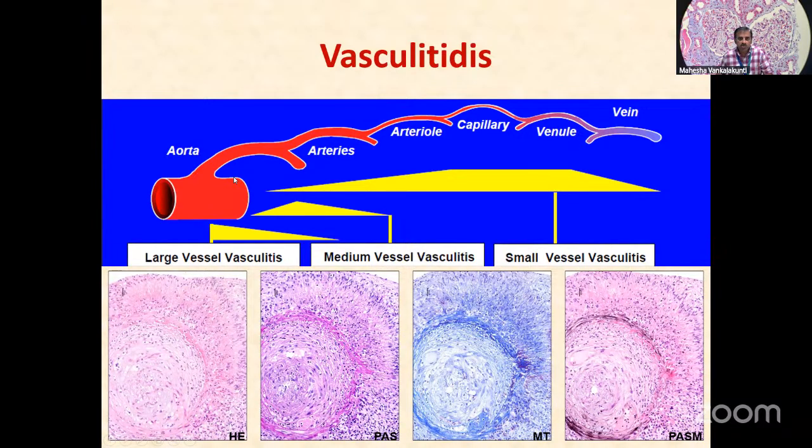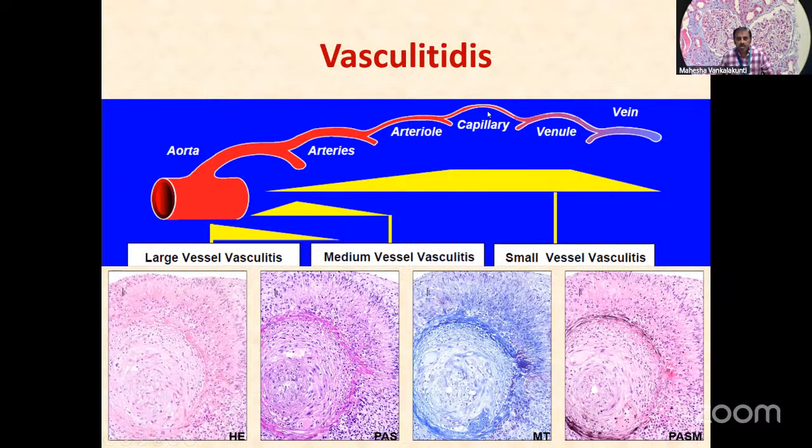Just now, Dr. Purva was mentioning the Chapel Hill classification, and this is the pictorial diagram of a major vessel and its branches, the arteries, and that gives into the branch of arterioles, which connects into the capillary network, and then the venous side takes off.